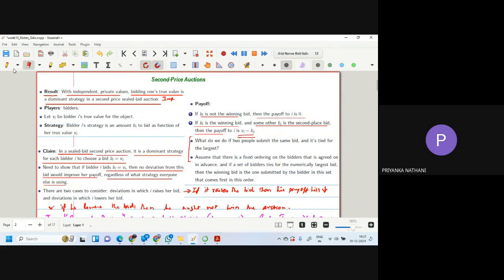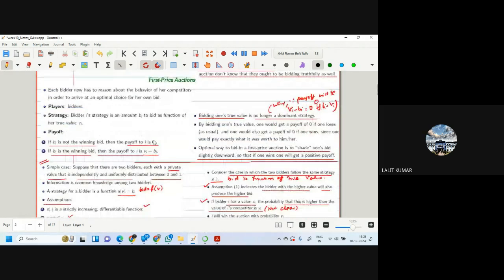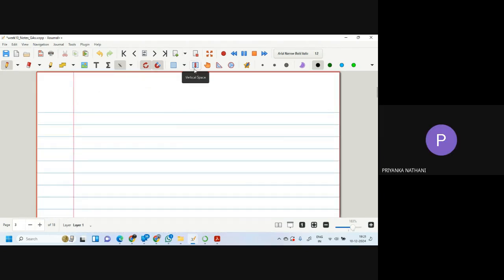So we have covered the basics here, the payoffs here. I'll not go into the theory. Now some basics on common value. Common value is when you are bidding for some item, for example 100, 200, 300, and you have some value in mind that after winning you want to sell it off, for example for 200, for 350, or for 500.